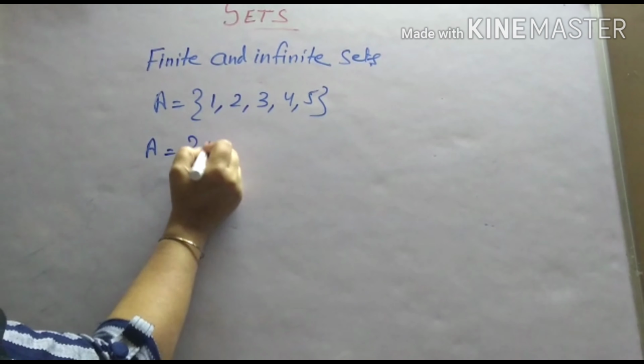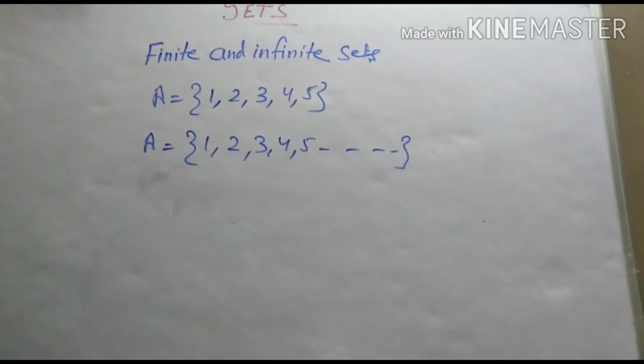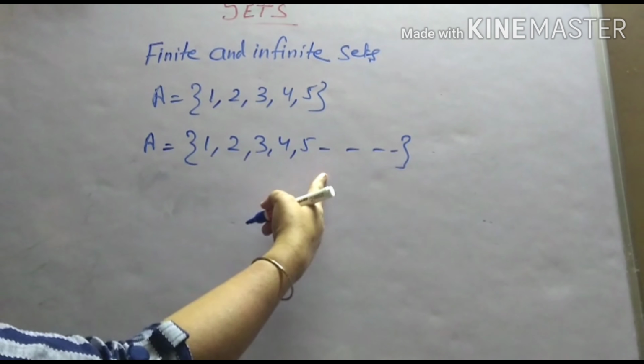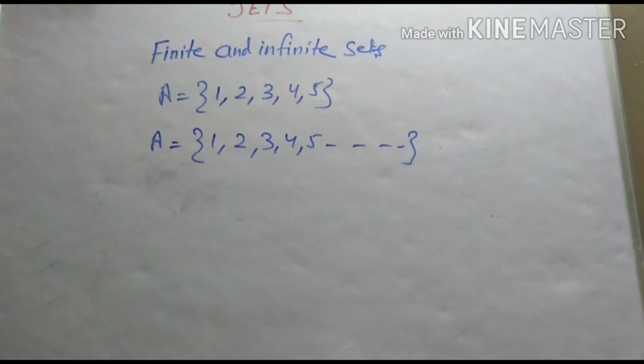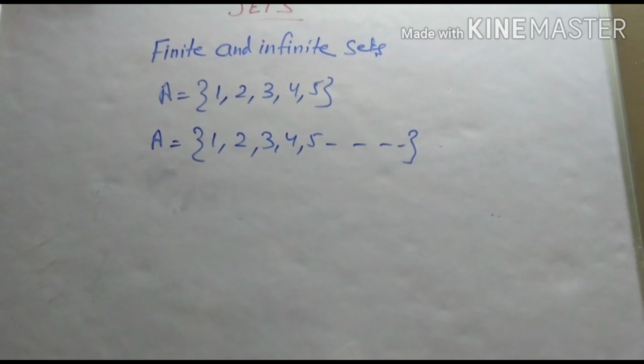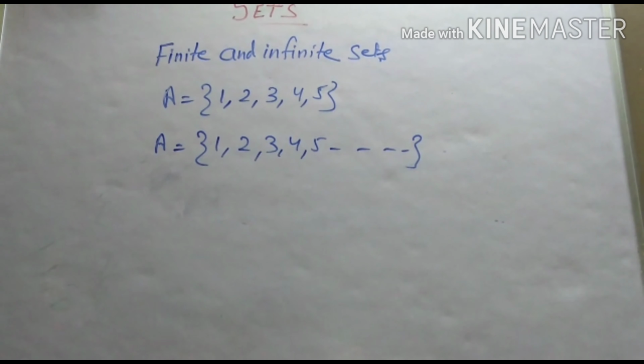If I am writing 1, 2, 3, 4, 5 and so on, it means the set of natural numbers, then it is uncountable. This set is called an infinite set. It means where we can count the members, these are called finite sets, and where we can't count, it means members are uncountable, these sets are called infinite sets.